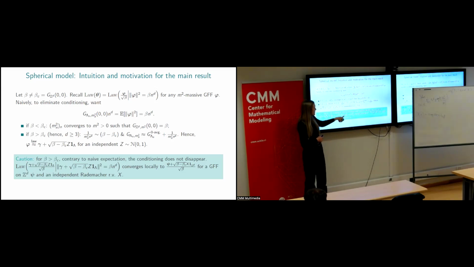And as I mentioned, the 1 over lambda is orthogonal to any eigenvector corresponding to a non-zero eigenvalue of the zero average Green's function. So when one opens up the brackets, this is just gamma squared plus (beta minus beta critical) Z squared times n^d.